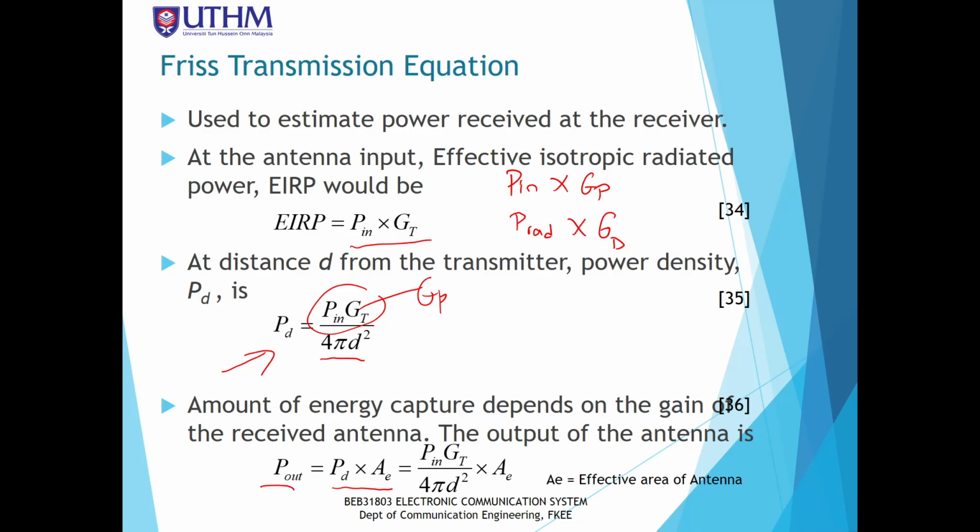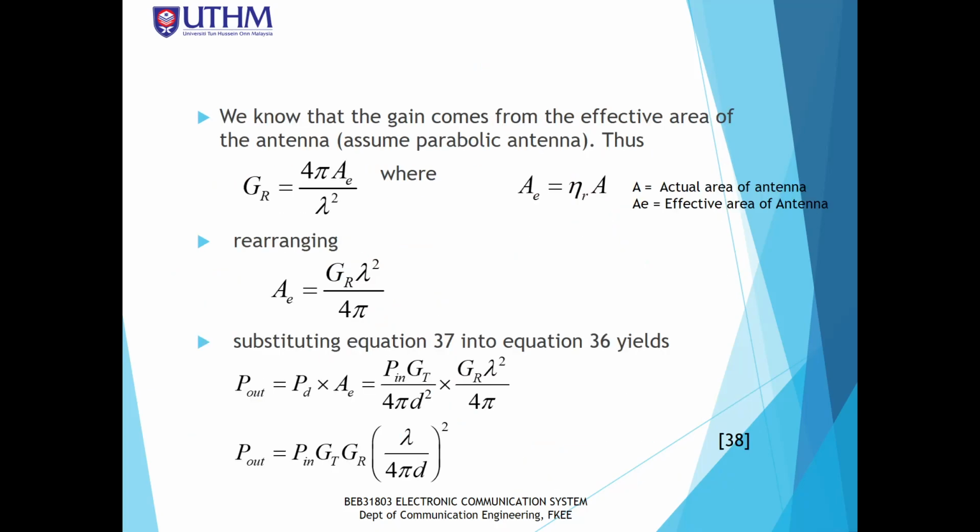Okay, so you need to know that P out is equal to power density multiplied with AE. Power density we already calculated from here. So P in multiplied with GT divided by 4 pi d square, multiplied with AE. AE is the receiving antenna effective area. What is AE?